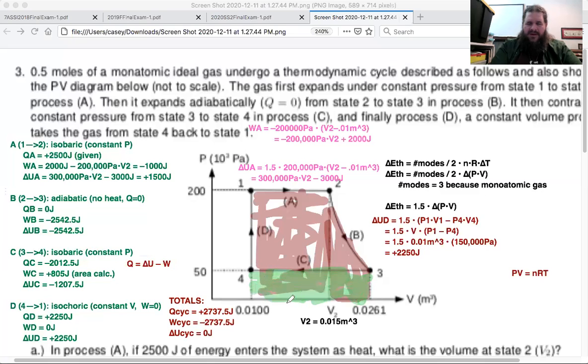Specifically this rectangle here. So if we've got this much negative work plus this much positive work, what happens to the overlap? If you add this negative rectangle plus this positive rectangle, what happens to them?